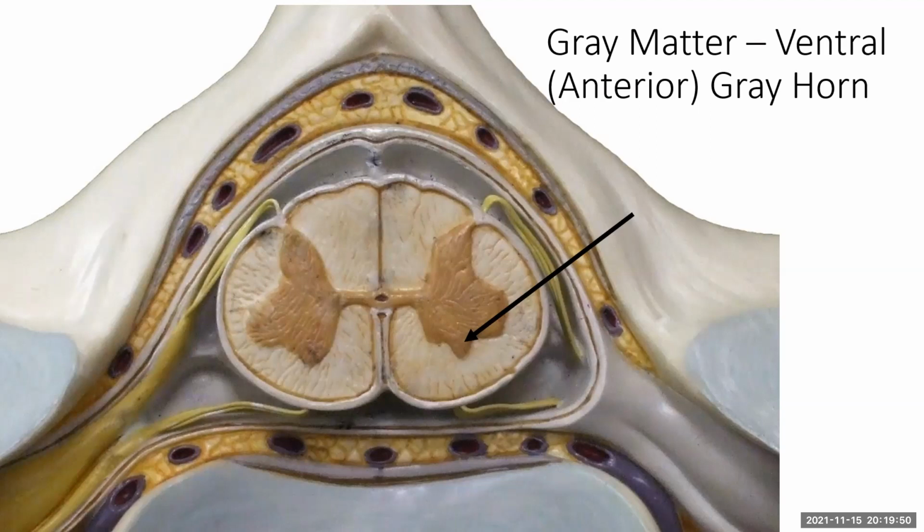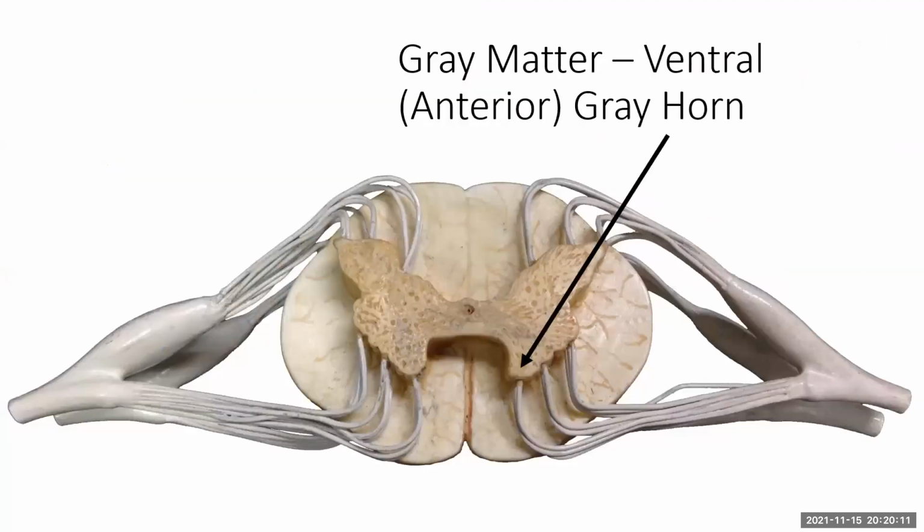Whereas the lateral gray horn will carry our involuntary motor command information from the autonomic nervous system out to the effectors, which are going to be cardiac muscle, smooth muscle, or glands. And here you can see the ventral gray horn, anterior gray horn on this model.